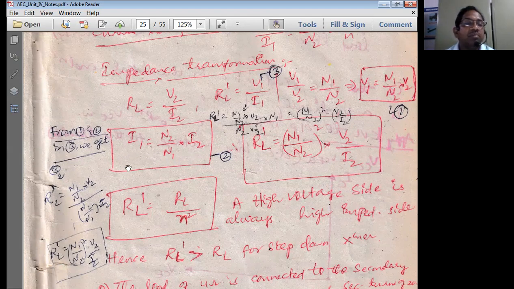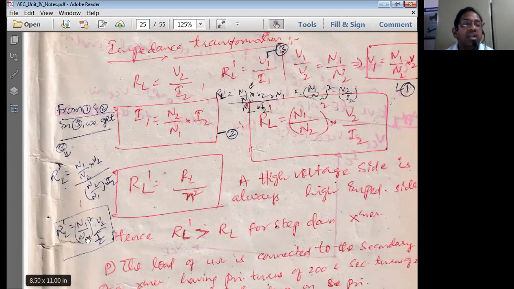When you perform this, I'll get RL dash as N1 by N2 into V2 over N2 by N1 into I2. So RL dash is equal to N1 by N2 whole square into V2 by I2. What is V2 by I2? It is RL, the secondary load resistance.